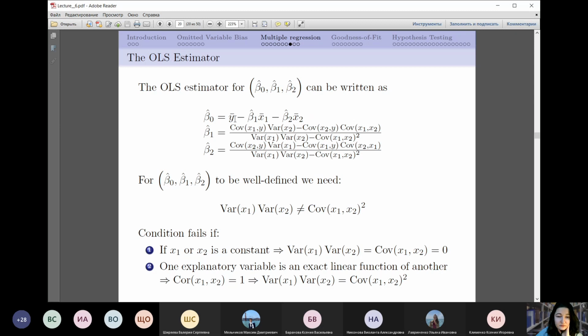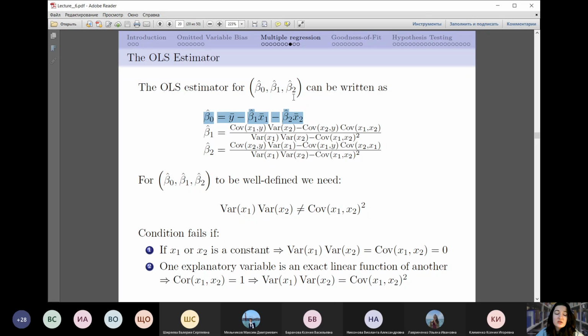So this formula for the intercept is almost the same, but we add here one more parameter, and we can obtain these parameters through these formulas, where you can find the covariance between each of the independent variables and the dependent variable, and also find the variance of each independent variable. Then you'll use these formulas and find beta 0, beta 1, and beta 2.